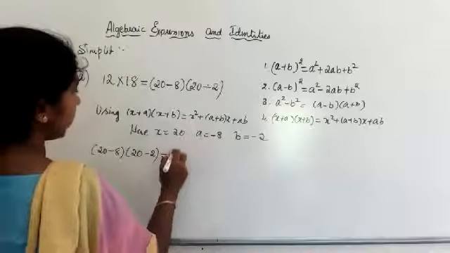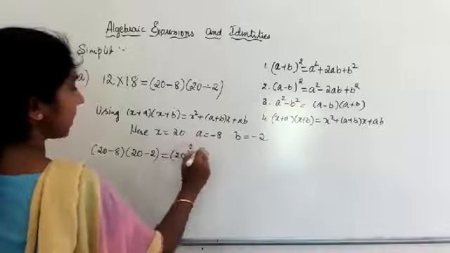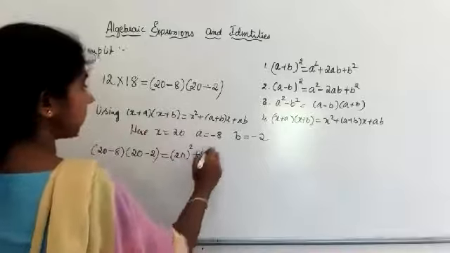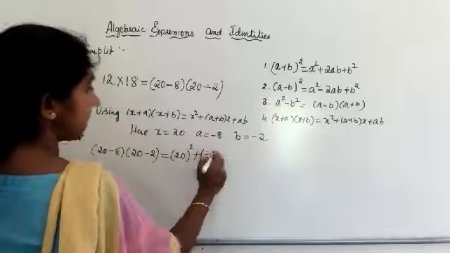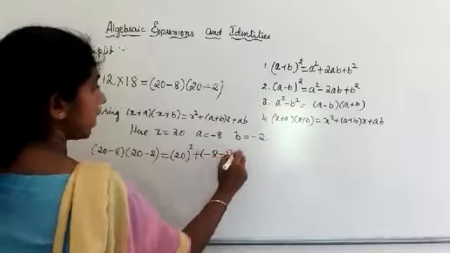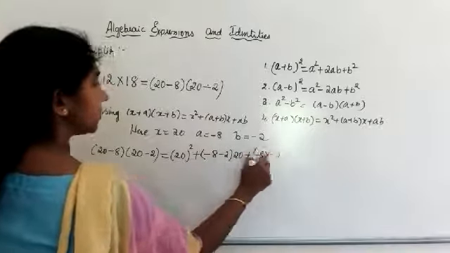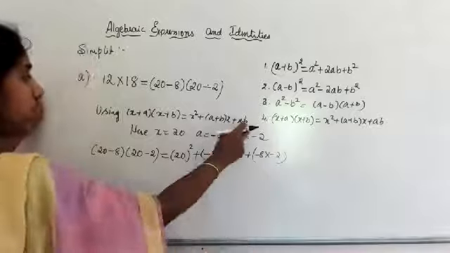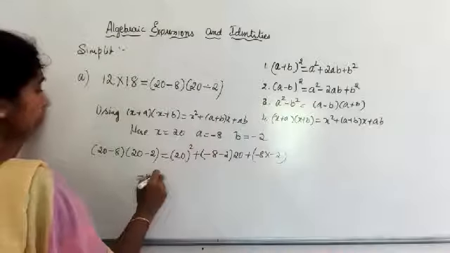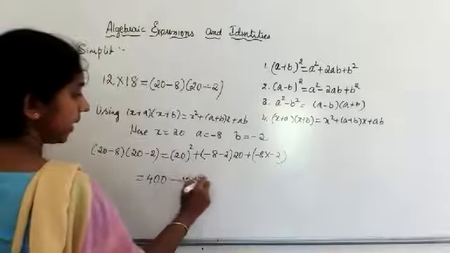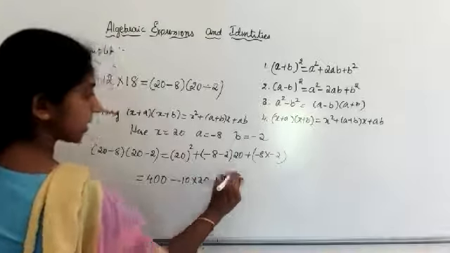So x square, 20 square plus a plus b, so minus 8 minus 2 into 20 plus minus 8 into minus 2. Here we are substituting a and b. So this is 400 minus 10 into 20 plus 16. 8 into 2 is 16.